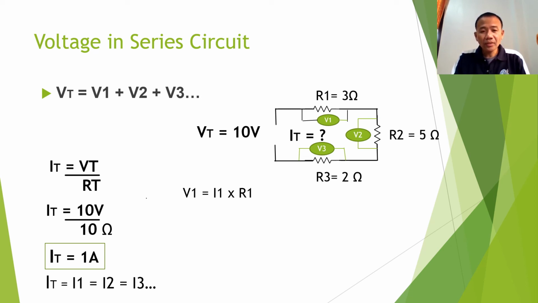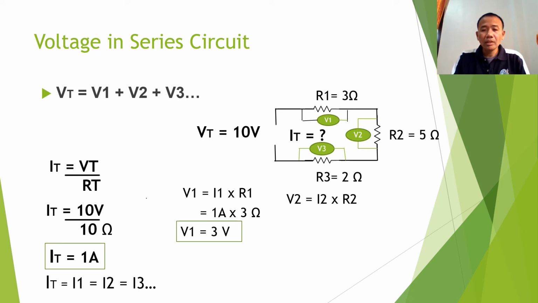Since in series circuit law, IT is everywhere equal in the circuit, at R1 it is still equivalent to 1 ampere. So we substitute the formula: I1 is equivalent to 1 ampere times 3 ohms, and it gives us V1 equivalent to 3 volts.